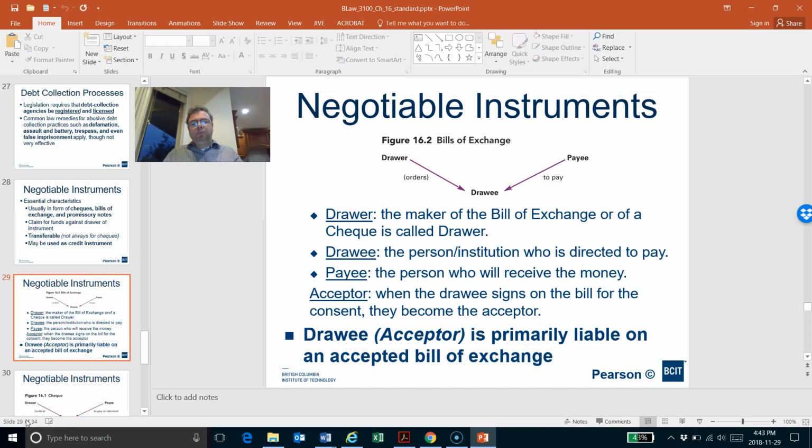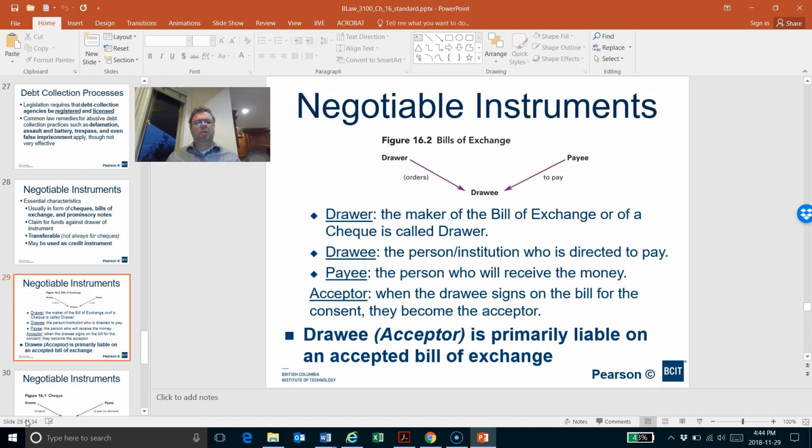So I may make a bill of exchange ordering my neighbor to pay a third person. Let's say my neighbor owes me money, and instead of my neighbor paying me, I make a bill of exchange saying that my neighbor will pay this third person. And the payee will be the person that will receive the money.